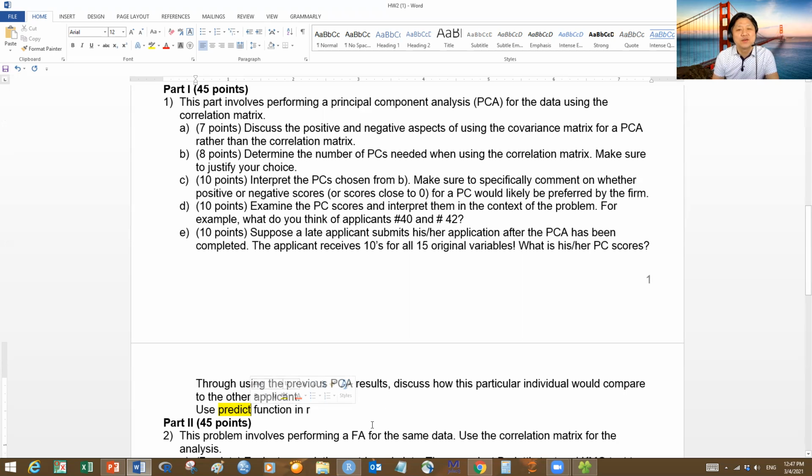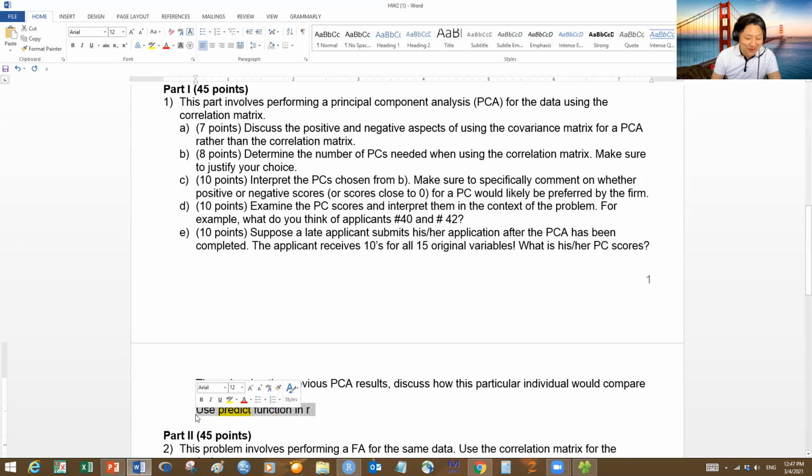Okay, please review your regression class one more time. So for example, based on your equation, let's say this is my principal component equation: PC1 equals 0.7 times x1 plus 0.5 times x2 plus 0.1 times x3, okay?